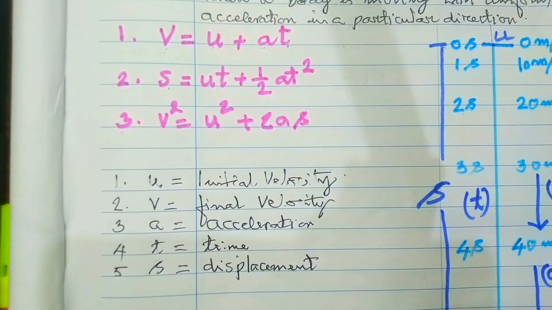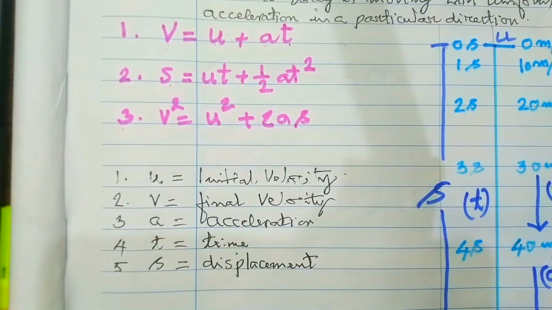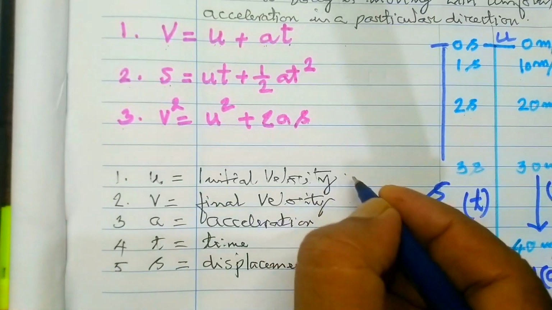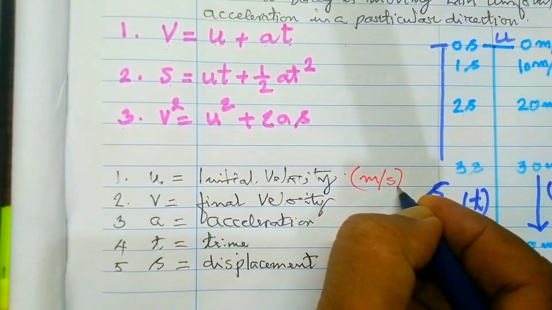Now let us see what their units are. You know very well, all velocities are measured in the SI unit, meter per second. Therefore initial velocity is measured in meter per second, and final velocity is also measured in meter per second.